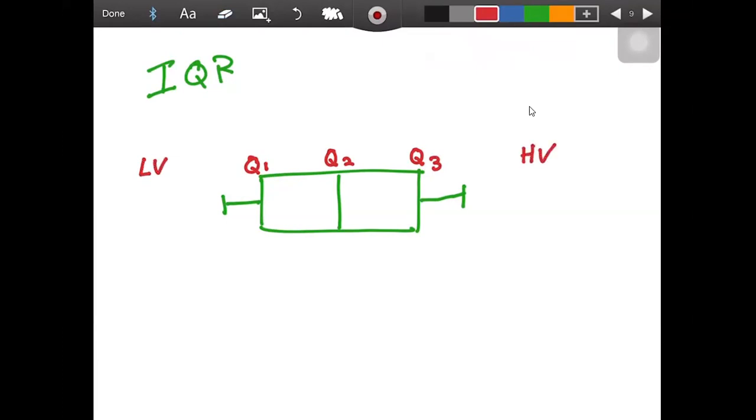So this is an example of a data set when we arrange it in ascending order. Ascending order means from lowest to highest. We need to arrange our data in ascending order. From the lowest value to quartile 1 is 25% of the data.